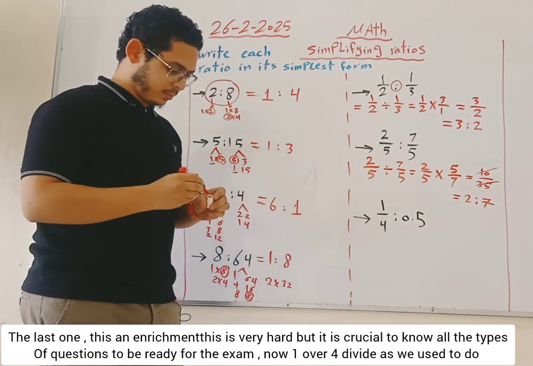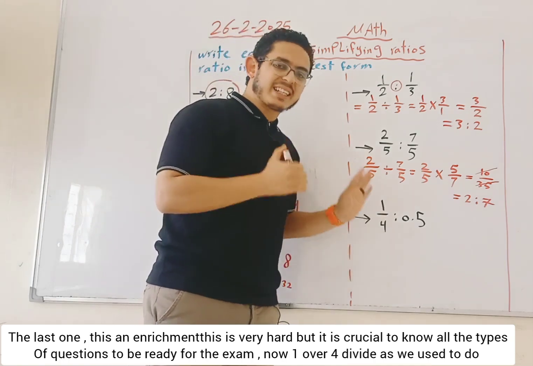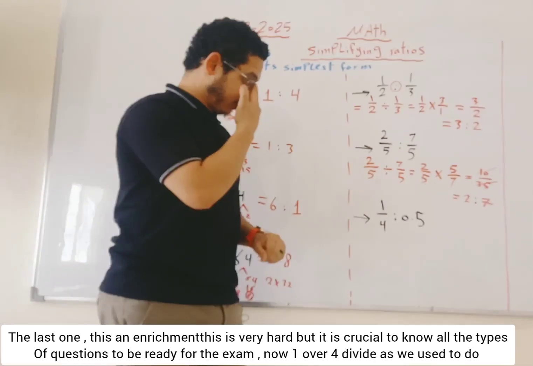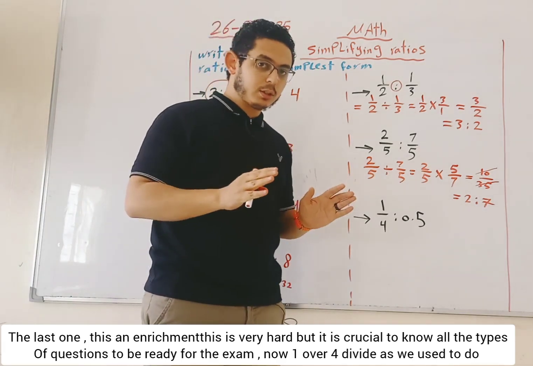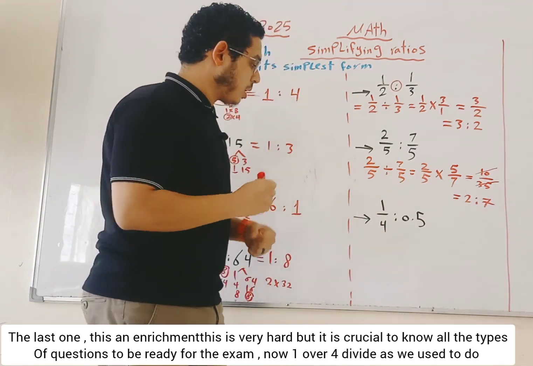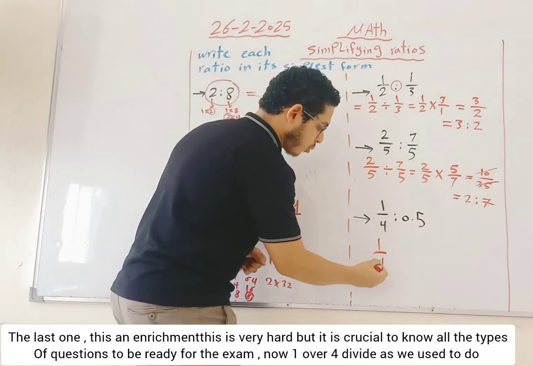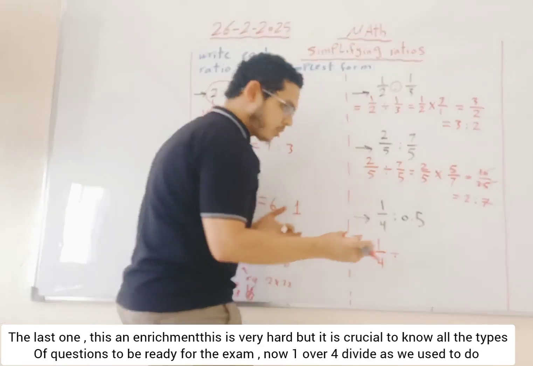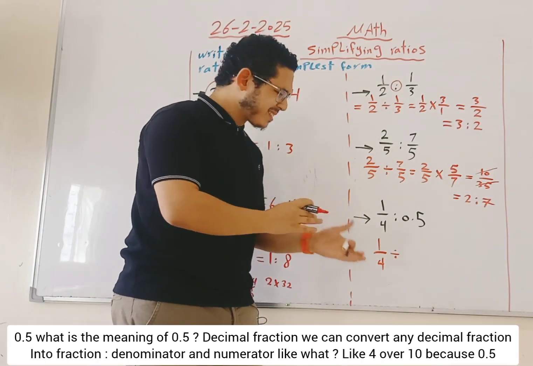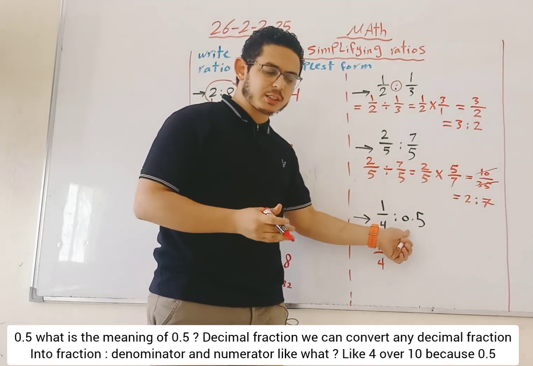The last one. This is enrichment. This is very hard, but it's crucial to know all the types of questions to be ready for the exam. Now 1 over 4 divided by, as we used to do, 0.5. What's the meaning of 0.5? This is a decimal fraction.